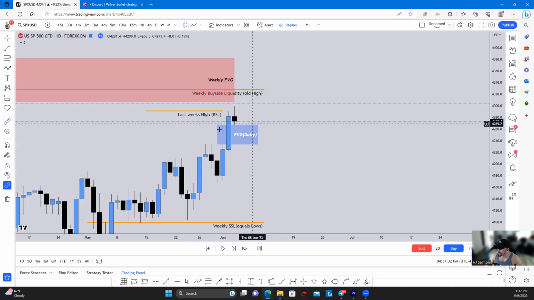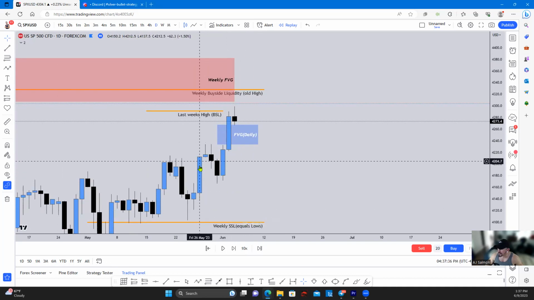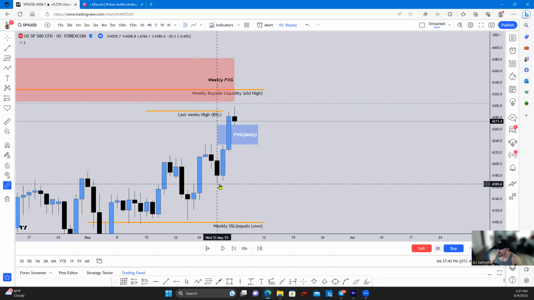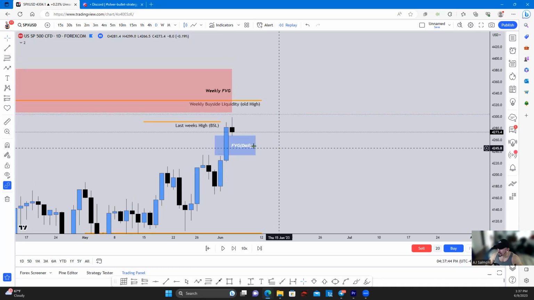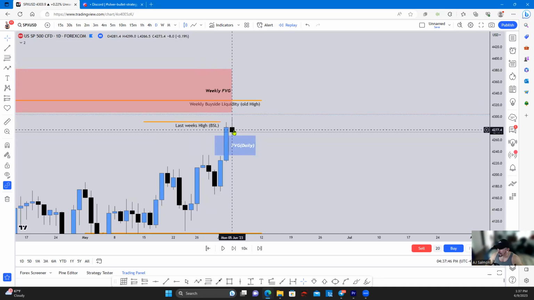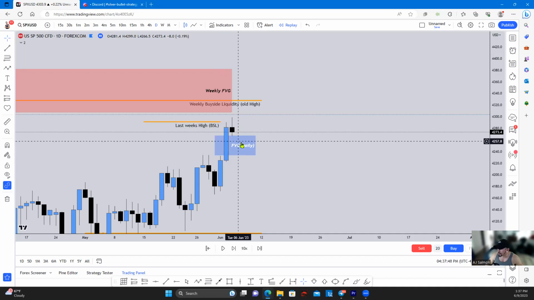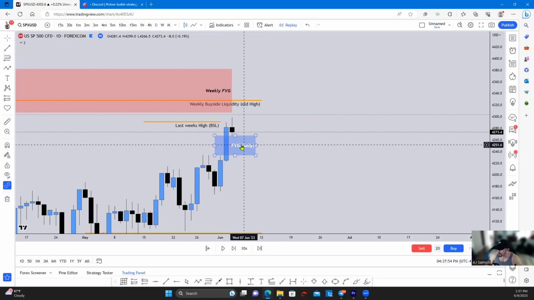Now, we left an inefficiency here. Okay. So you notice what we did here? We left an inefficiency. Well, what did it do? It came back to it, filled it in, and then continued higher. So we're expecting it to drop down into this fair value gap, fill in some inefficiency, right?